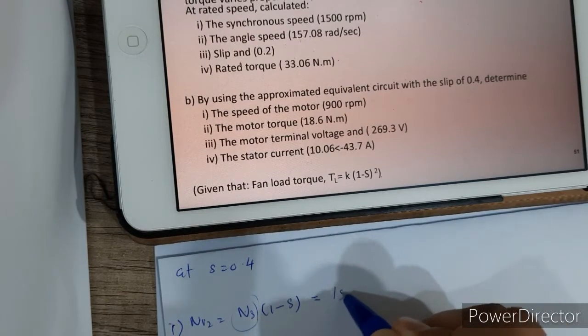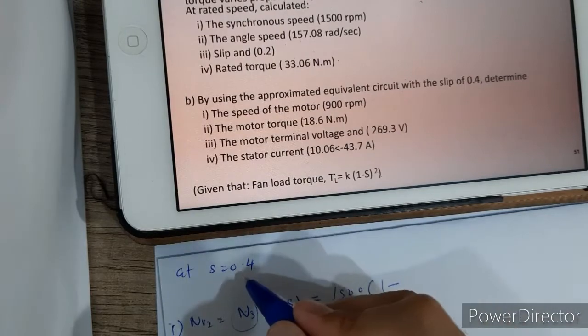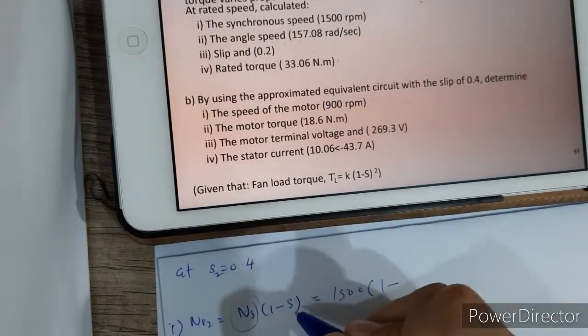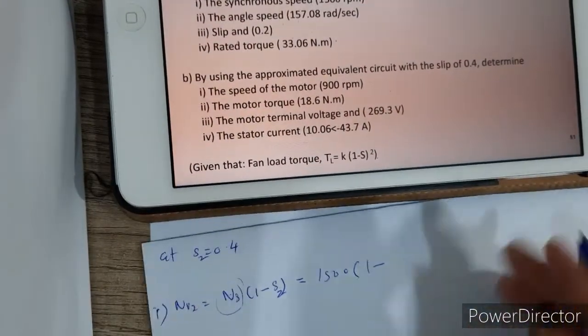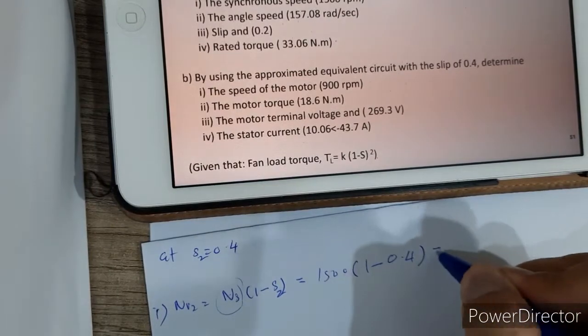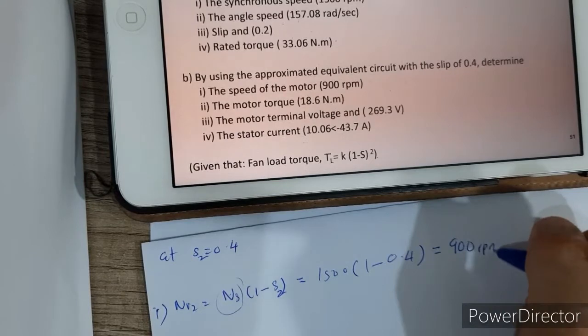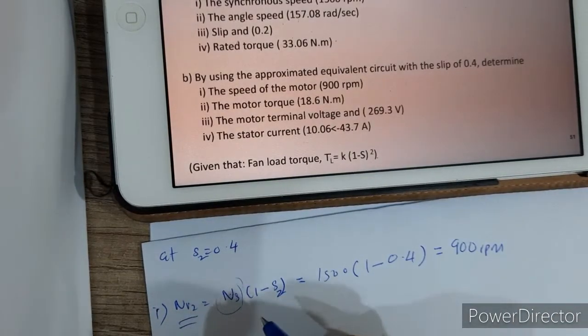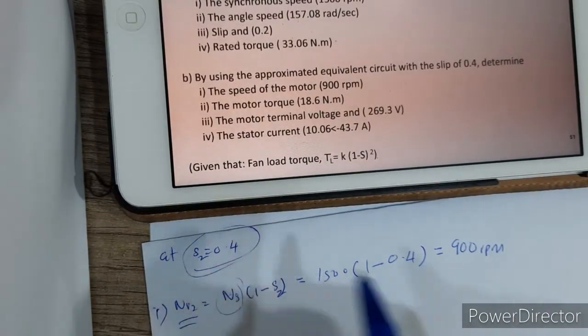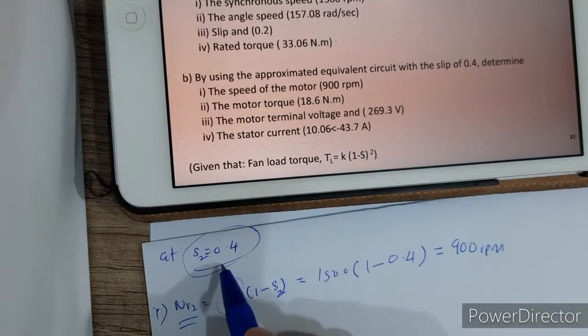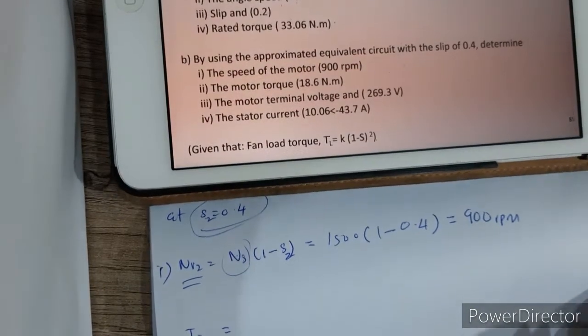So 1500 times 1 minus S, where S is 0.4. I name this S2. So we get NR2 is 900 rpm. This is the rotor speed during slip 2 equals 0.4.